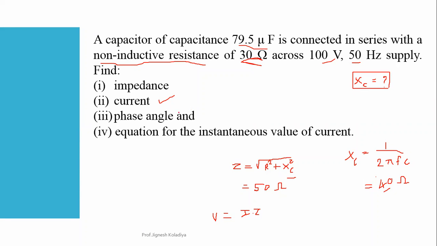Right? Yes. So two things are already completed. Now these two are still remaining: phase angle and equation for the instantaneous value of current. So quickly find out the phase angle and tell me your answer. You know the equation in the RC series circuit for the phase angle, right? Tan inverse of something divided by another quantity, you remember, in terms of XC and R.